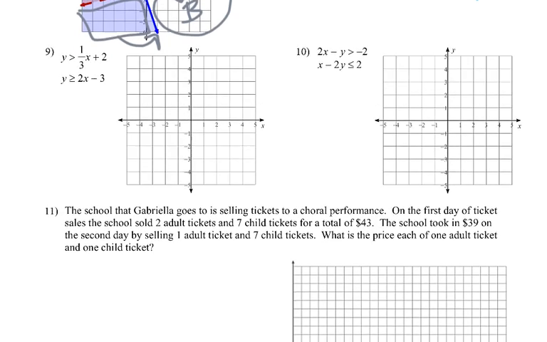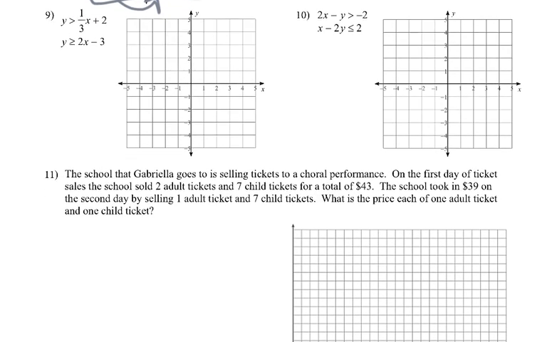Okay, so number 9 and number 10. We can graph these by hand or electronically as well. If we're doing it electronically, the thing you have to remember is how to turn it into an inequality instead of an equal sign. But graphing by hand, we get up 1 to the right 3, or down 1 to the left 3. Again, no equal to, so dotted line.